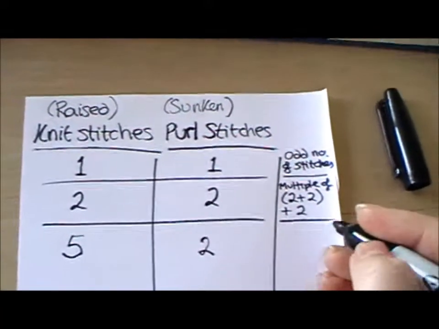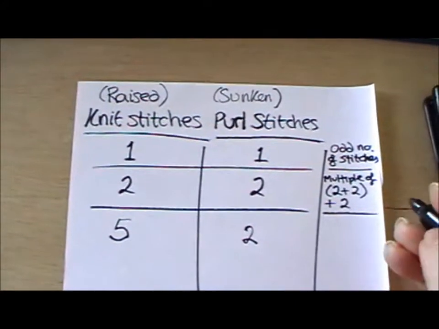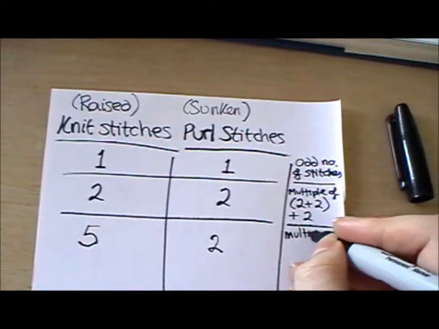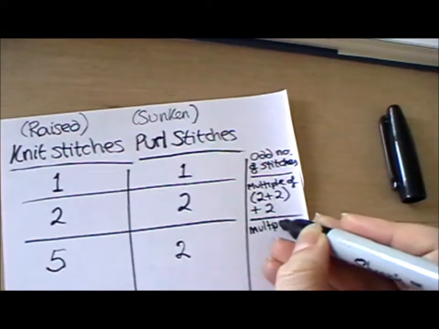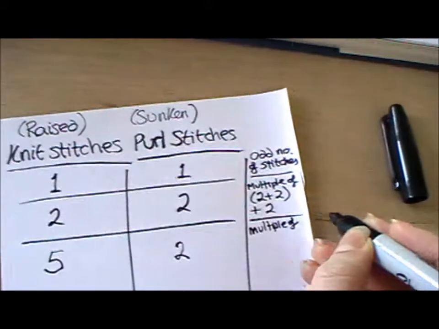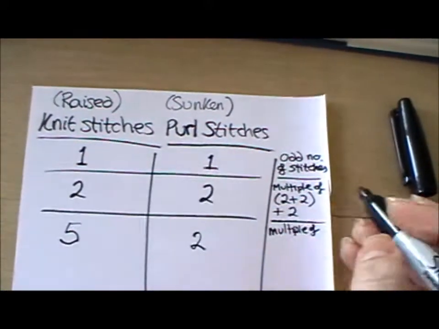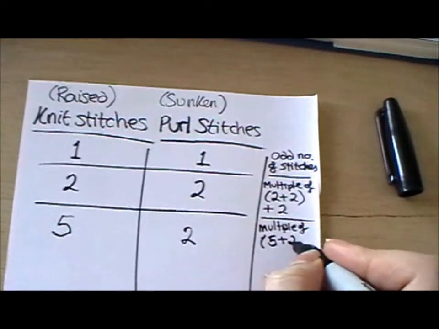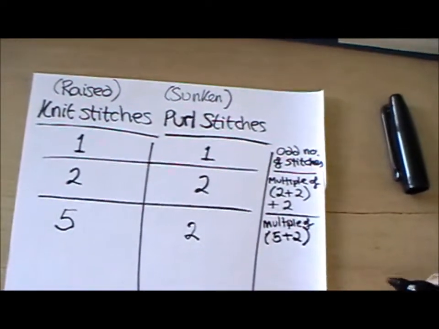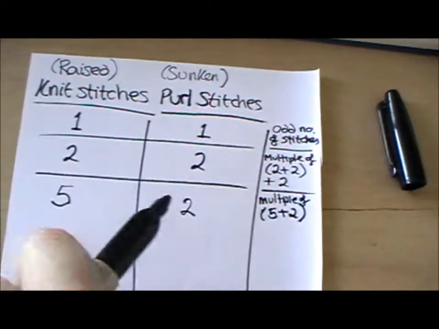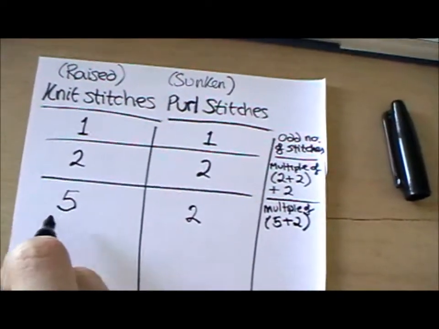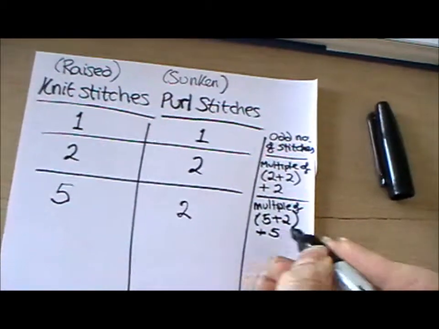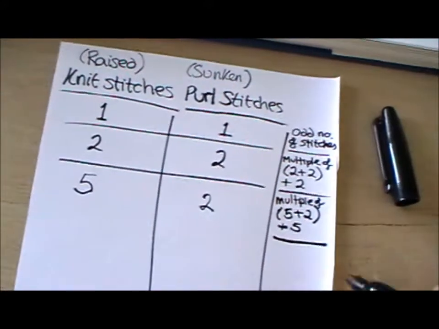So what you would do to work out how many stitches you need to cast on, you'll do a multiple of 5 plus 2, so you do a multiple of 7 stitches plus whatever the knitted stitch number is, so plus 5, and that is all you need to know.